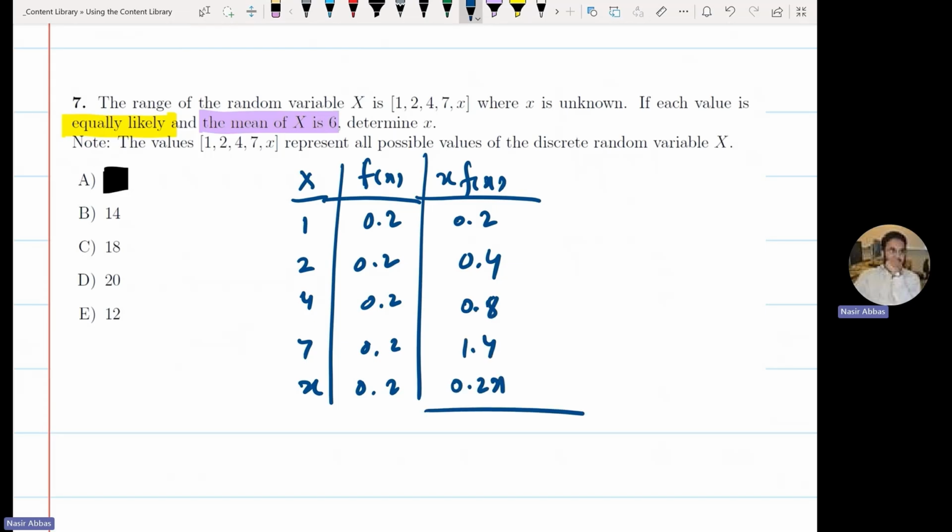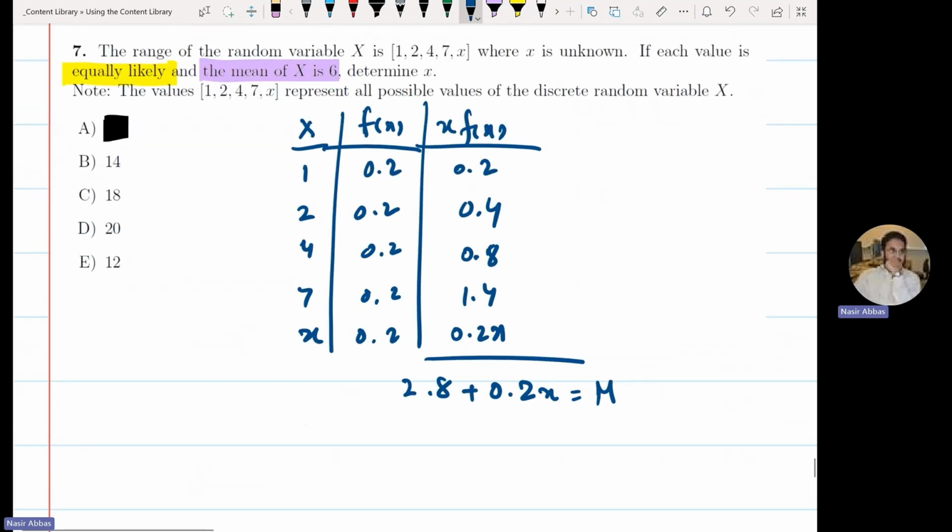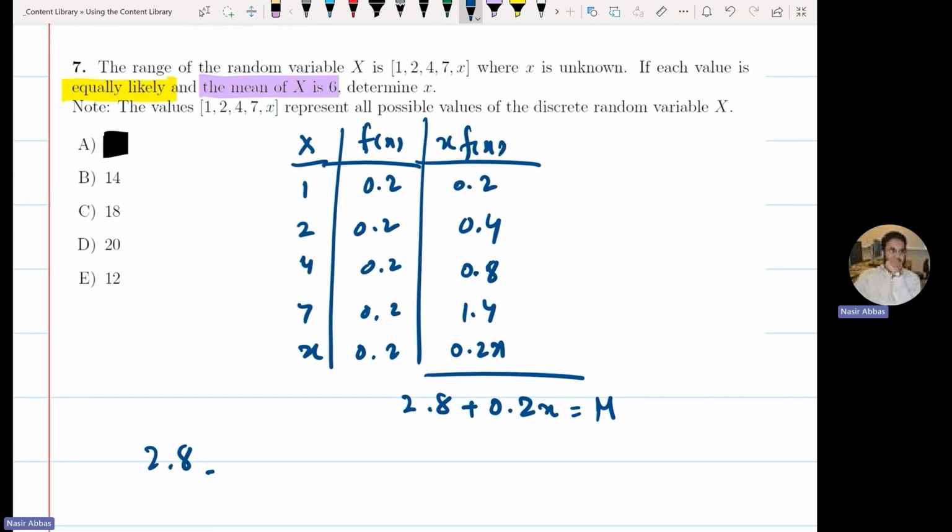What is the sum of this column? 1.4 plus 2.8 plus 0.2x. This is equal to mu, the mean. And the mean is given to us. What is that? 6. So 2.8 plus 0.2x equals 6. Solve it for x. So x will be 16.